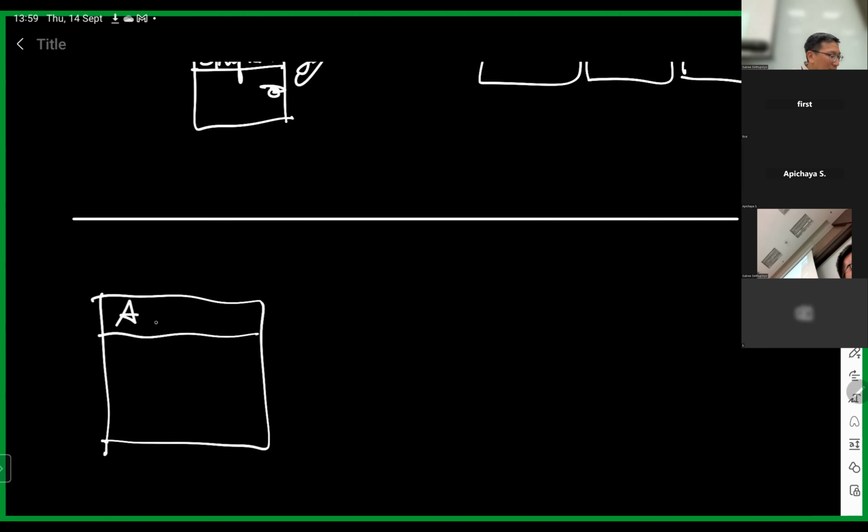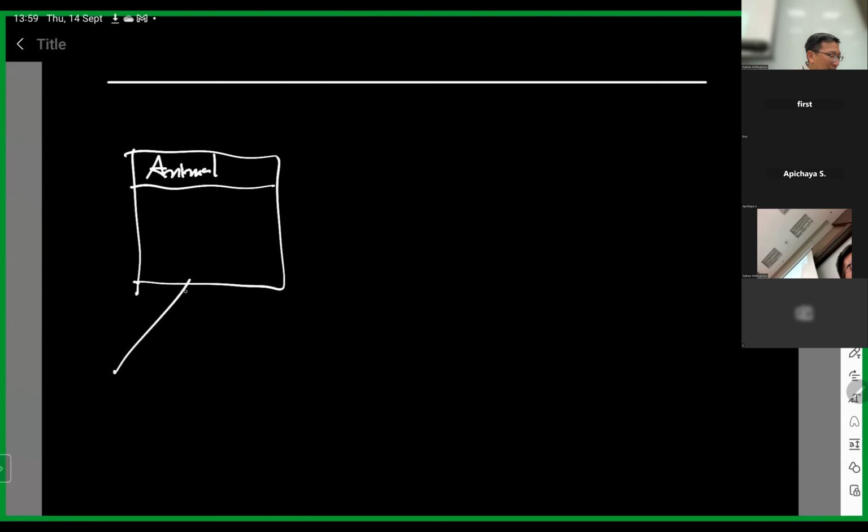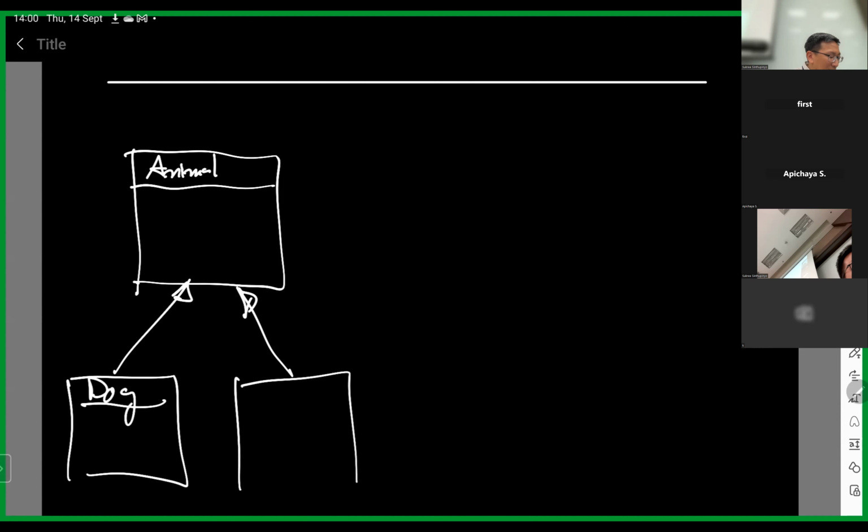If we have the animal class, and we have the dog and cat as the subclass of the animal, and in our first version of animal, I think you can still remember, we have different make sound methods, right?